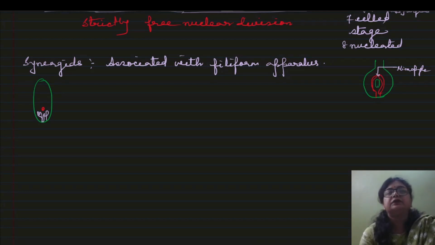This one is the filiform apparatus, and these are the synergids. Why is it significant?